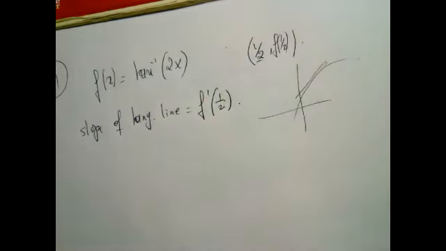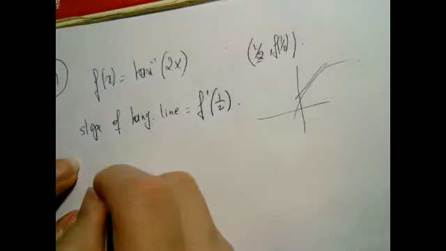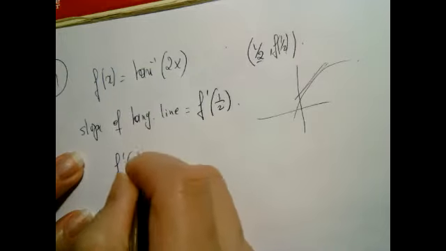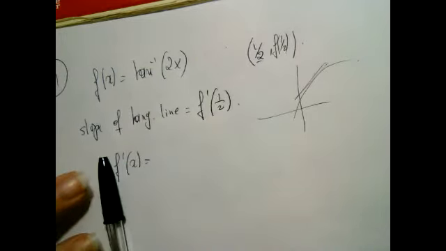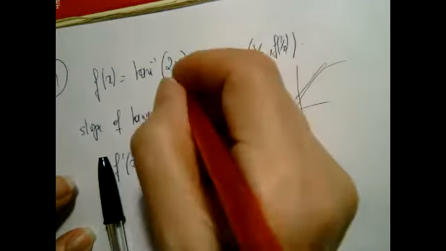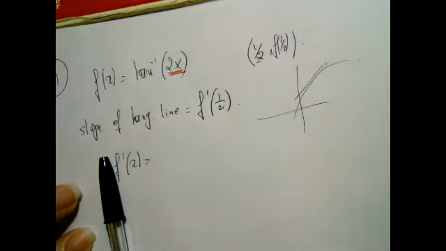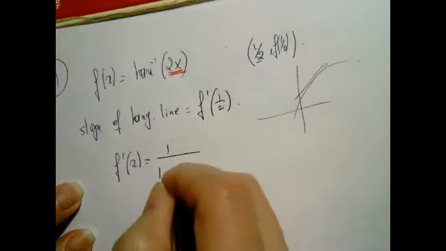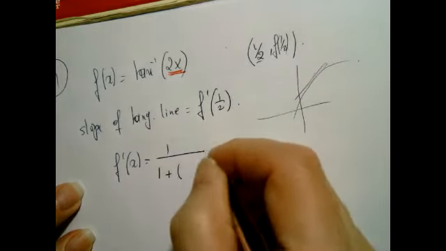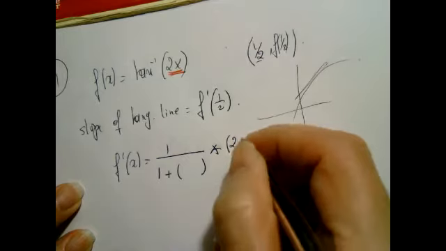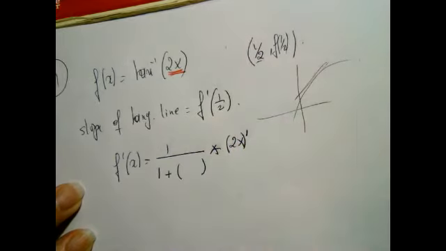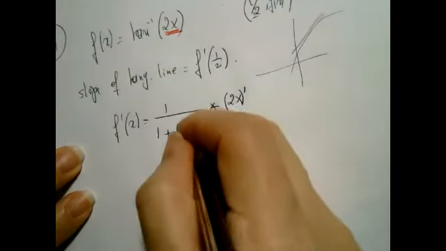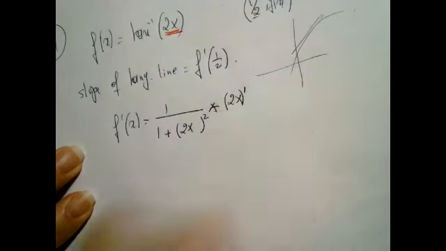All right, so let's do that. So let me find this. Okay, what is f prime? Again, I have tangent inverse of 2x. So f prime is 1 over 1 plus the inside times the derivative of the inside. And my inside here is 2x.